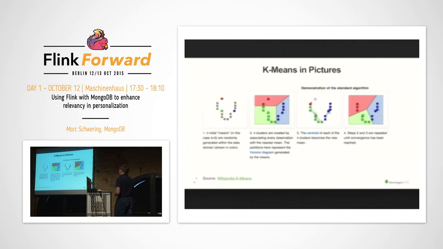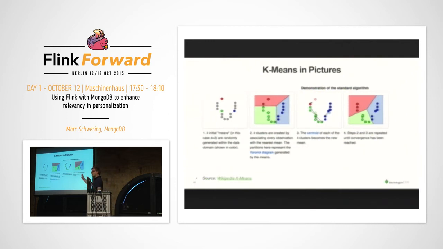So you have a bunch of rectangles, this gray data, and you define data points, so centers, and then you do the calculations around it, the nearest mean, and then you have the first iteration of your cluster.